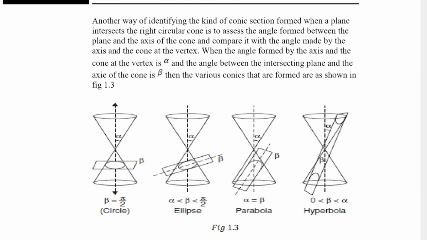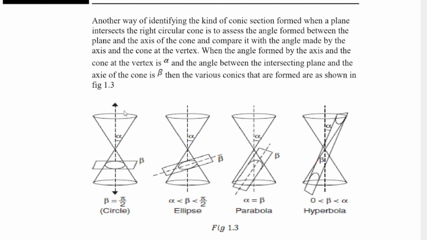Now, another way of identifying the kind of conic section formed when a plane intersects the right circular cone is to assess the angle formed between the plane and the axis of the cone, and compare it with the angle made by the axis and the cone at the vertex.